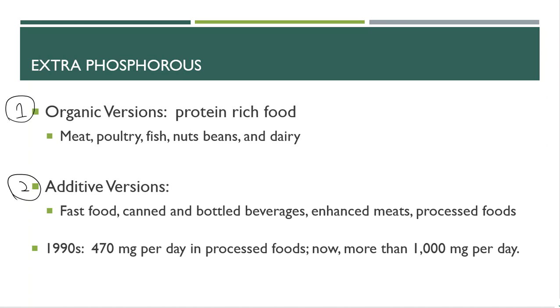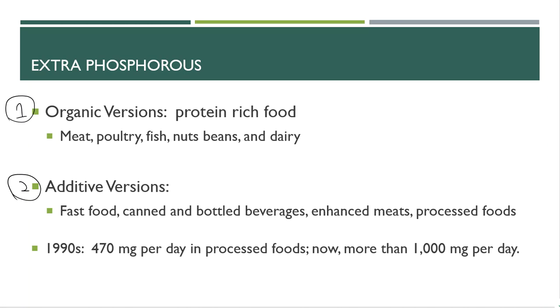Enhanced meats and processed foods. Well, processed foods could be everything processed, including many of the vegetarian food items that you might see in the grocery store or maybe at the drive-thrus now. Okay? I mean, we've all heard of the fake hamburgers that taste like hamburger, but it's not really a hamburger. It's made out of pea protein. Well, those are processed.